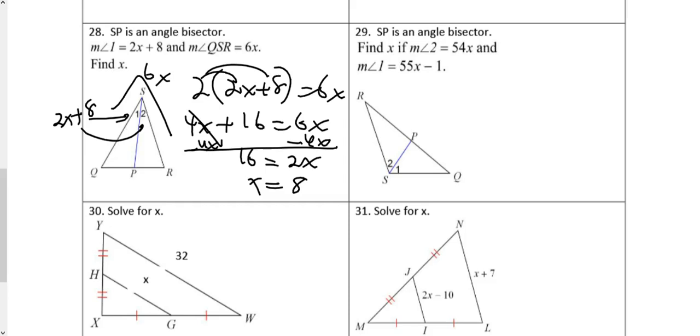SP is an angle bisector, so 1 and 2 are equal. So it says, if angle 2 is 54x and angle 1 is 55x minus 1, well, we just set them equal to each other.